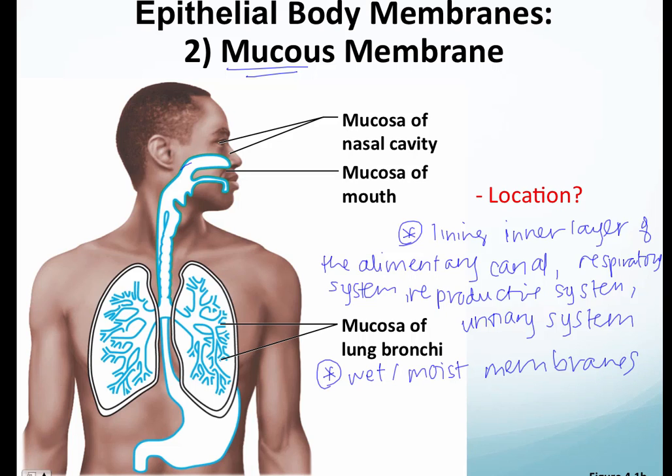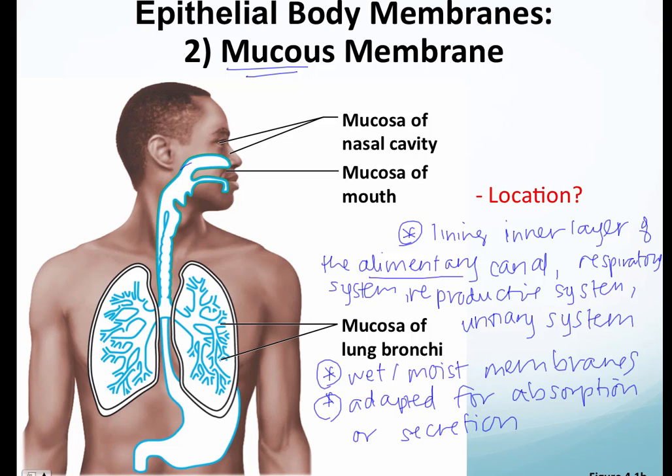And because they're moist, this allows the passage of nutrients and things in and out of the cells and across these membranes. And because of that, they're often adapted for absorption or secretion. Okay, so let's go over these different areas. So alimentary canal.